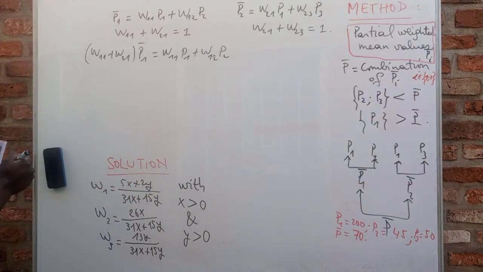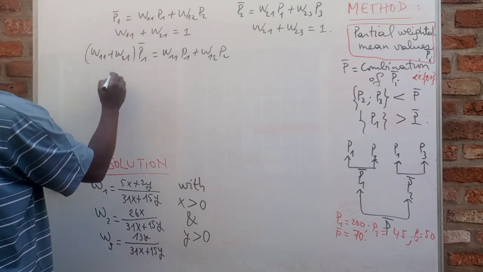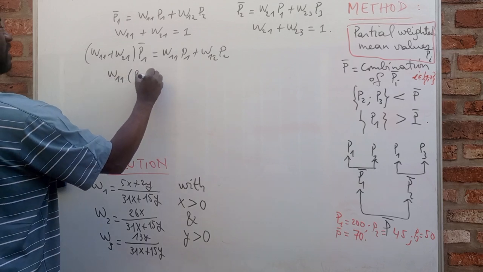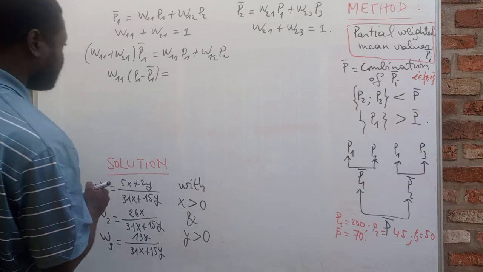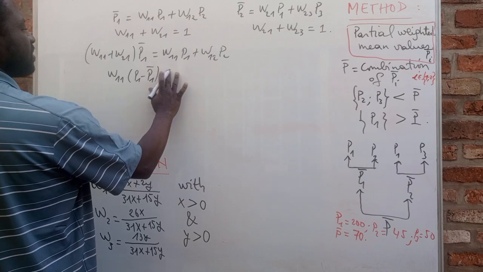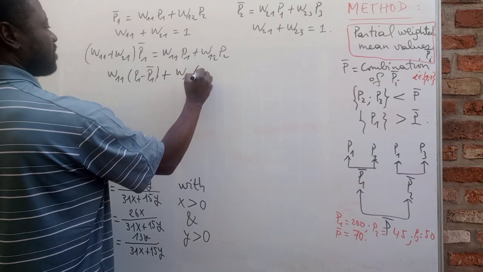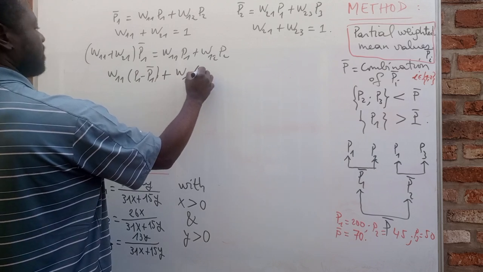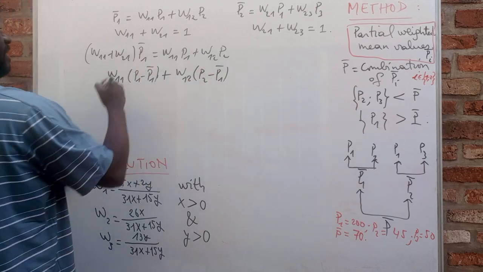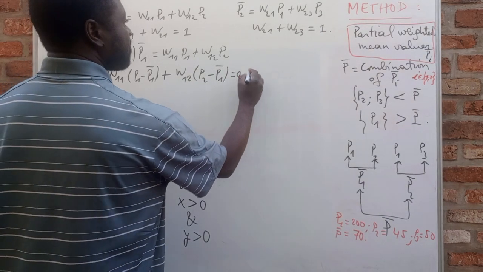Then because this is 1, if you put this in the second member we have omega 1 1 factor of P1 minus P1 bar plus omega 1 2 factor of P2 minus P1 bar. In this case, this must be equal to 0 on one hand.